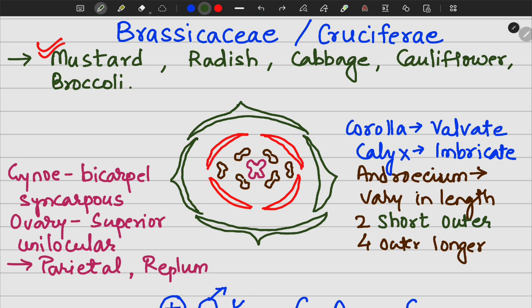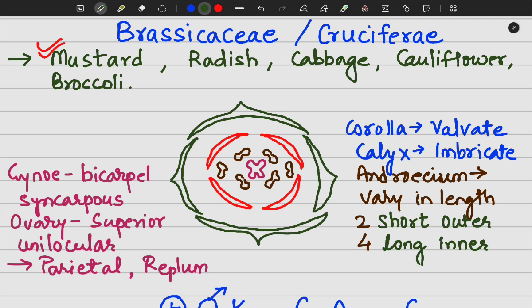And the four stamens which form the inner whorl are long, and they form the inner whorl. Alright, so please make this correction in your notes.